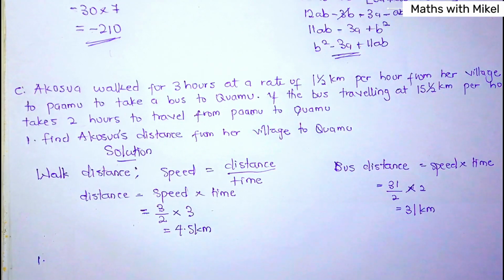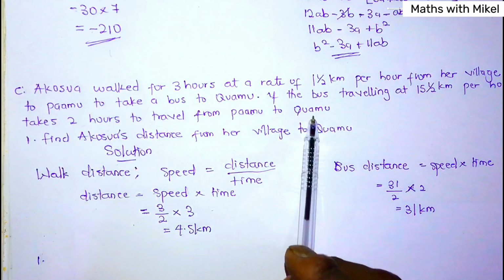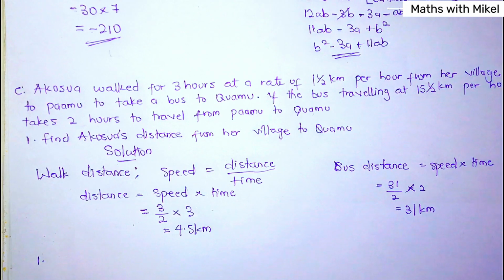So Akosia's distance from her village to Kwemu. So from her village and her final destination is Kwemu. She walked to Permu and later took a bus from Permu to Kwenu.